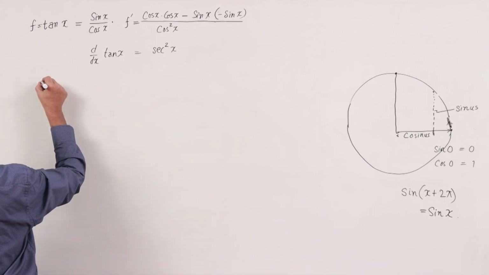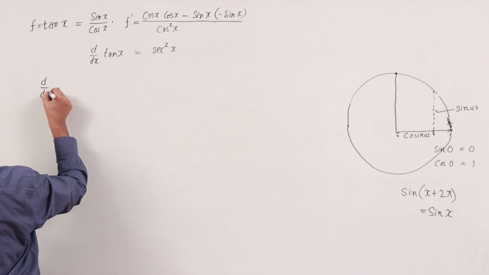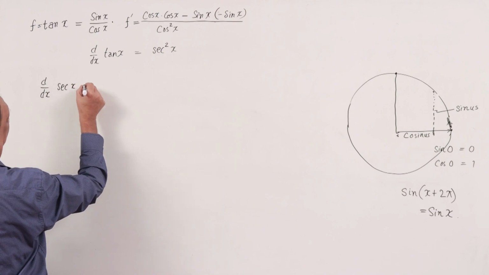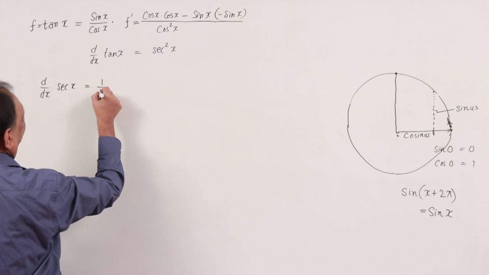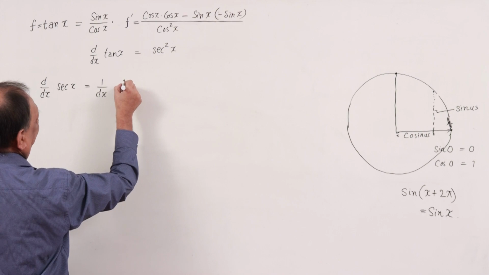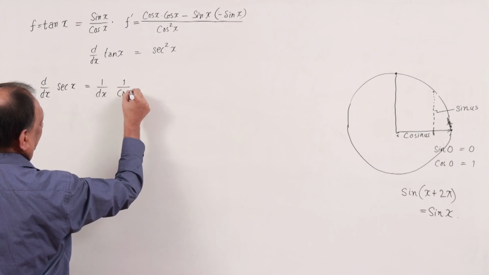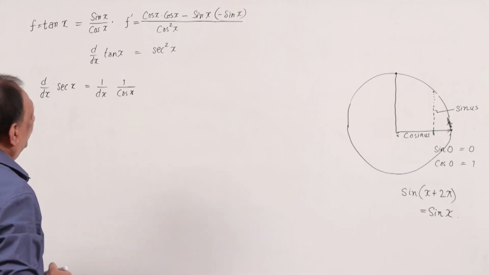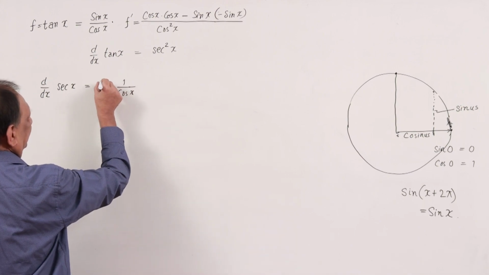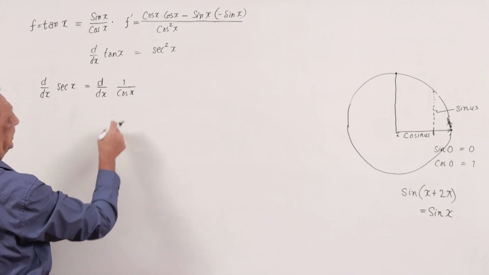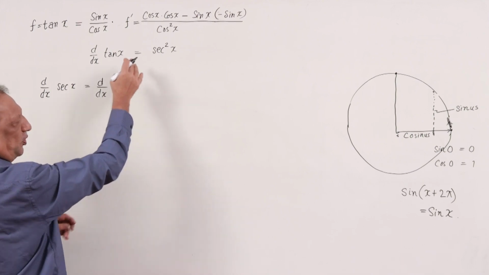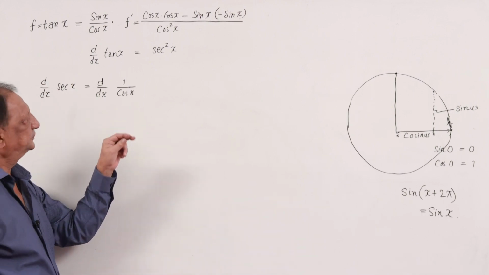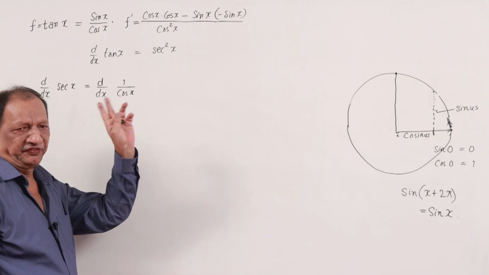Now we can look at d by dx of secant x. Secant x is defined as 1 over cos x, so d by dx of 1 over cos x. We can find this in two different ways. You can think of it as cos x to the power minus 1, right? That is a function of a function.